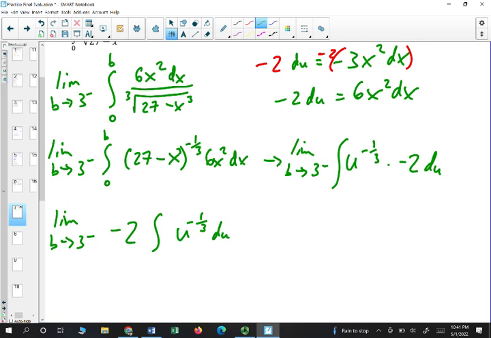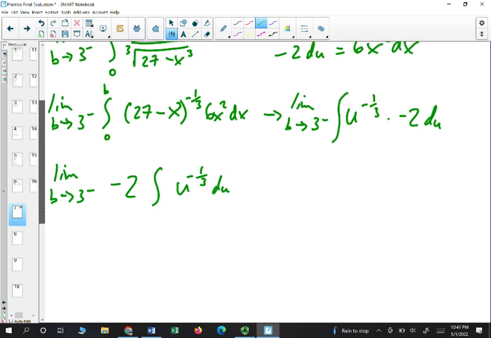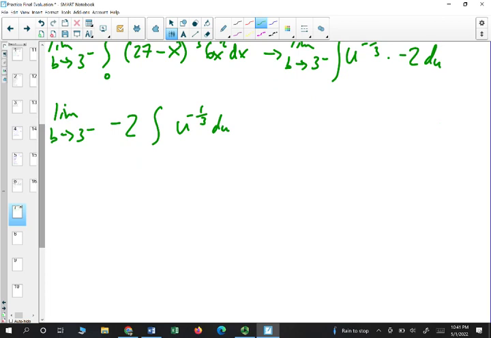And so I can easily integrate this. So u, I'm going to just add 1, so adding 3/3, 3/3 minus 1/3 is 2/3.